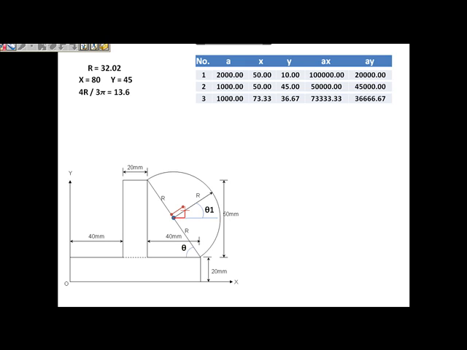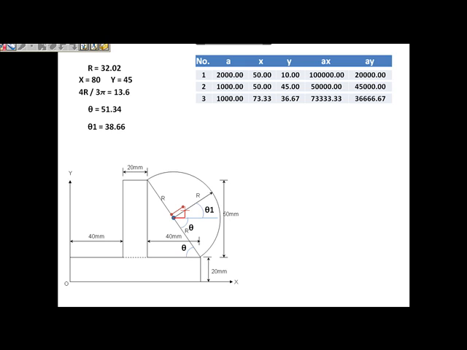For this, it is easy to work out theta, which is simply tan inverse of 50 by 40, that is 51.34. Then, looking at the figure again, theta 1 is actually 90 minus theta, which works out to 38.66.